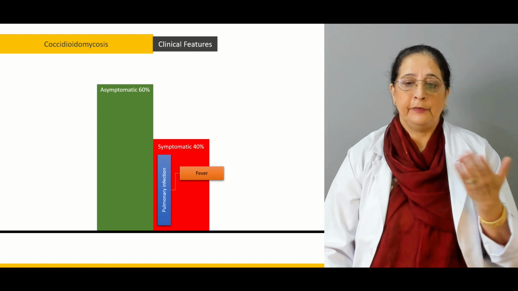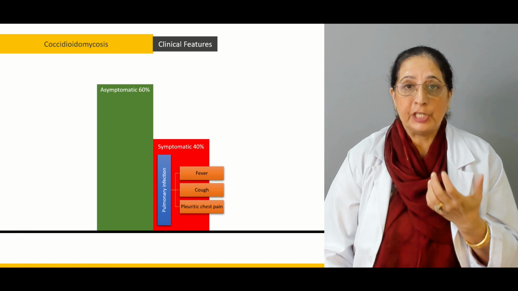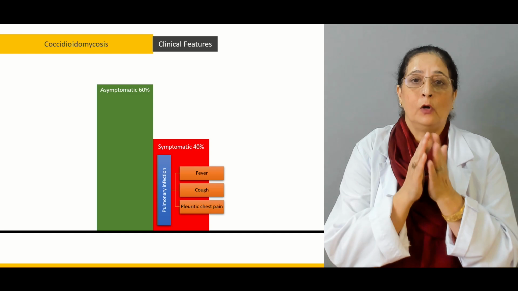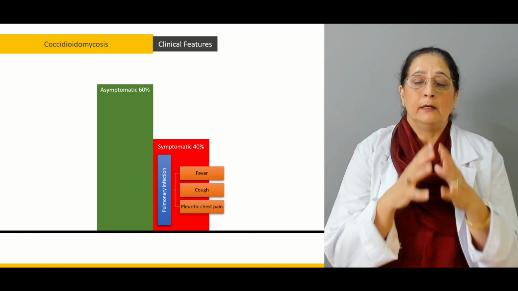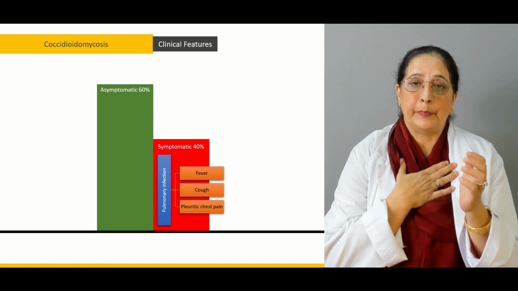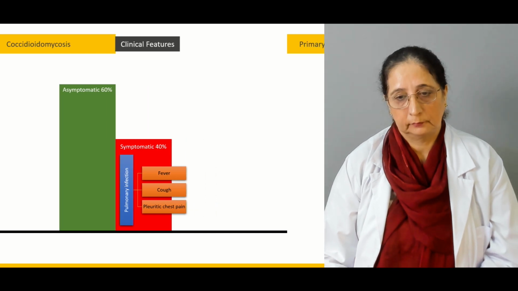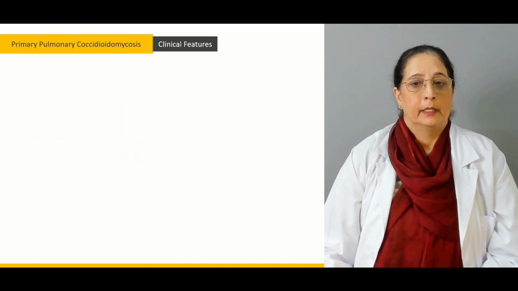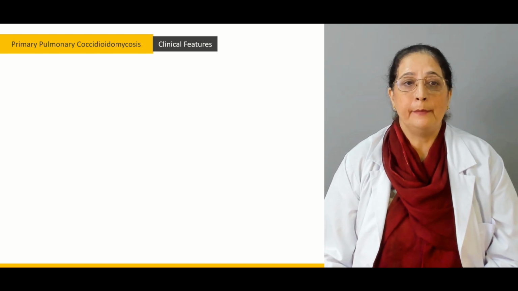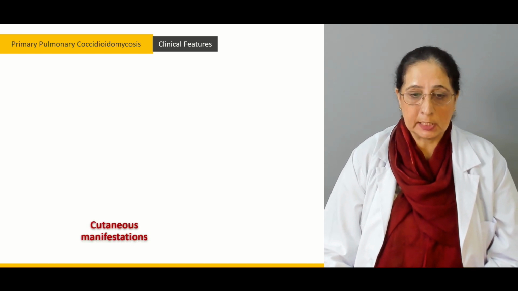And then features: fever, as I mentioned, and there is cough, chest pain, pleuritic chest pain. Pleura is the covering or lining that covers the lung. So there is pleuritic chest pain, there is fever, there is cough. Then the clinical features of primary pulmonary coccidioidomycosis.